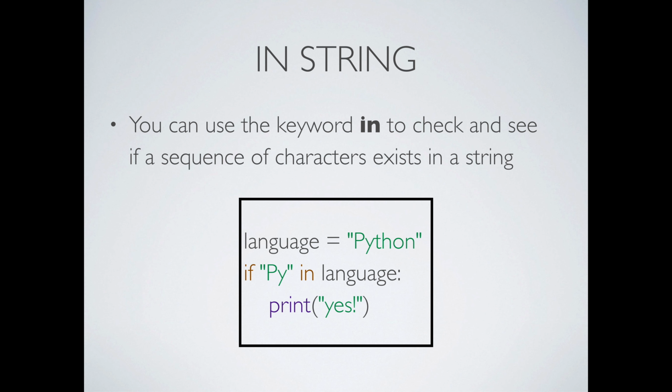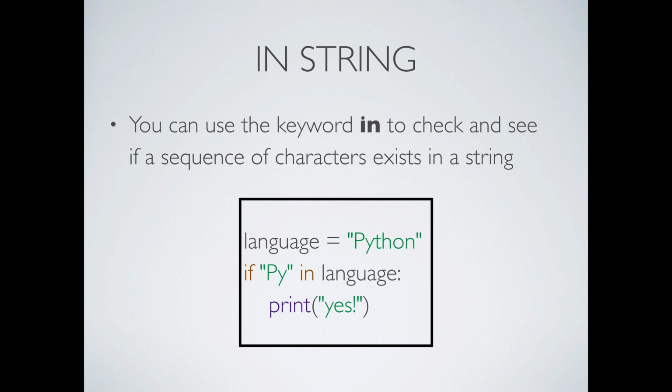So you can use the Python keyword in to check and see if a sequence of characters exists within a string. So you can use this wherever you would use any statement that evaluates to true or false. So for example, you could put it inside a conditional statement like an if statement.